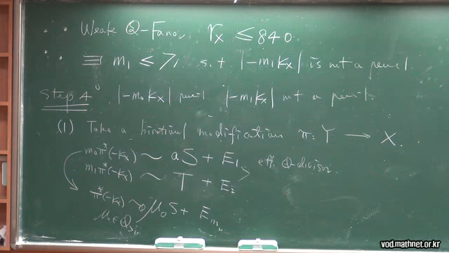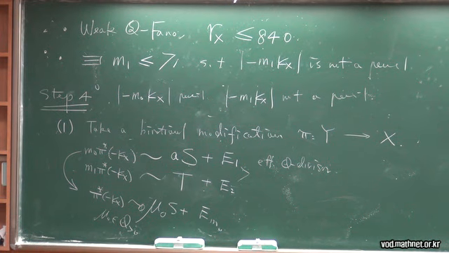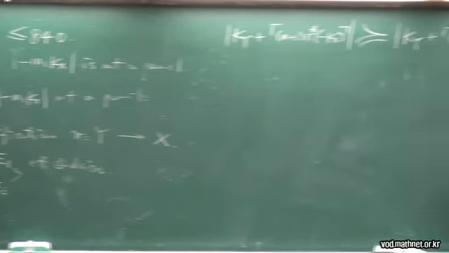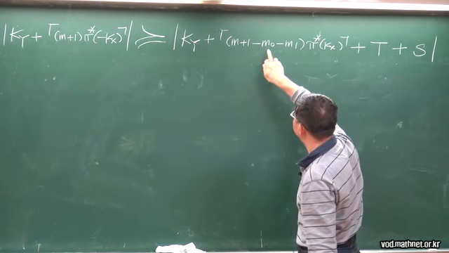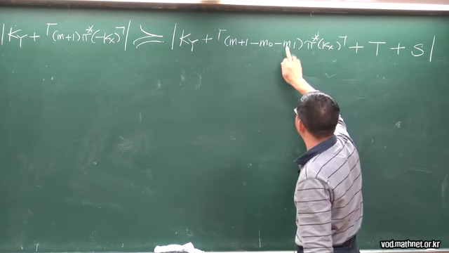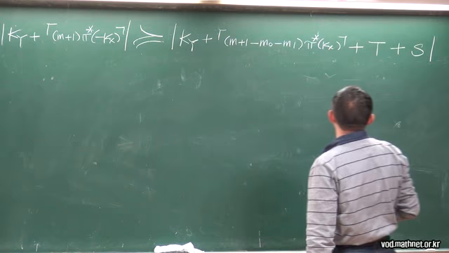What we want to do is the following. We use that this is nef and big when m is slightly larger, for example larger than m naught plus m1.